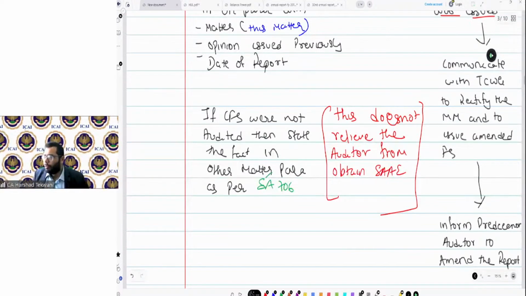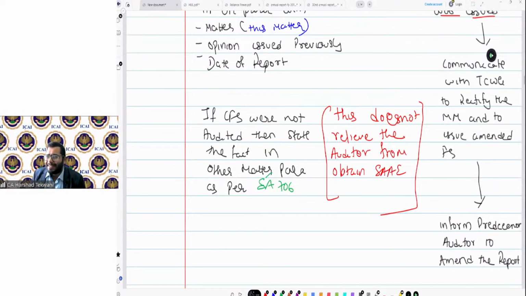Okay, you need to ask them to either amend the audit report and ask the management and those charged with governance to issue amended financial statement. So I'll communicate the misstatement with the appropriate level of management and those charged with governance, and I'll request them to please inform the predecessor auditor about this.